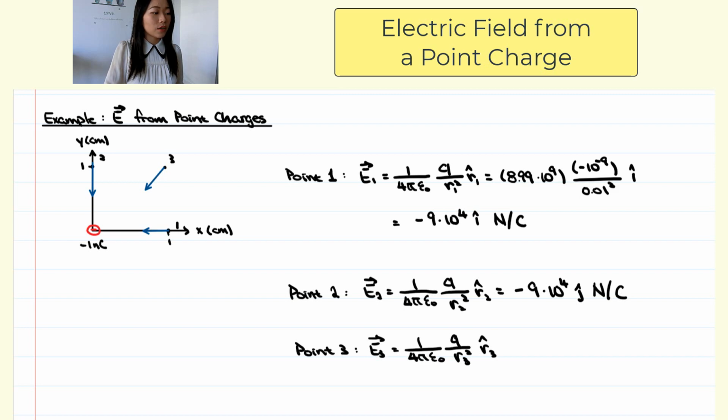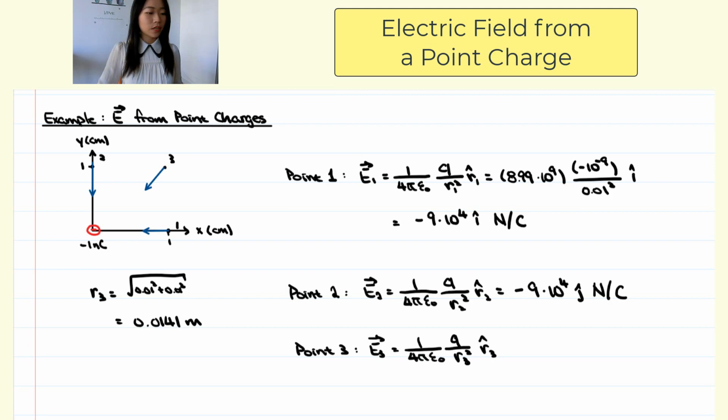To find the distance R3, we can use the Pythagorean theorem: square root of 0.01 squared plus 0.01 squared. And we get 0.0141 meters. So we substitute the constants and the source charge into the equation. We get E3 is negative 4.5 times 10 to the power of 4, and the direction is R3 hat. The unit is newtons per coulomb.